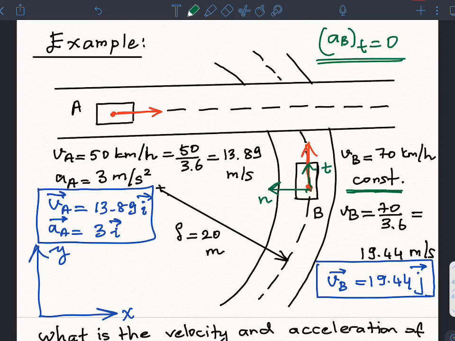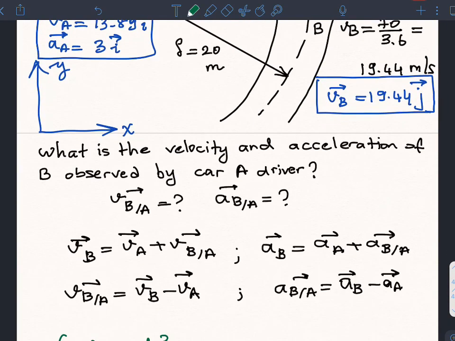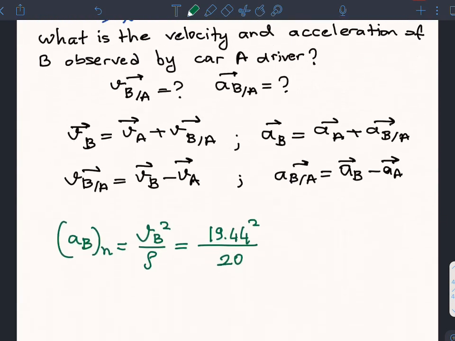But when it comes to normal, we always know that if it takes a circular path, we're going to have a normal acceleration. So remember the normal acceleration formula. AB normal is going to be VB squared over rho. And because the velocity of B is given as 19.44, it's going to be 19.44 squared divided by 20, because the radius is given as 20 meters in the question.